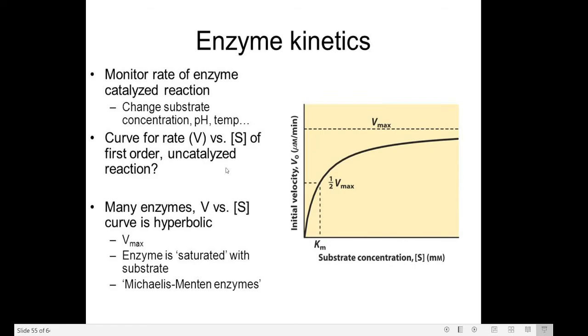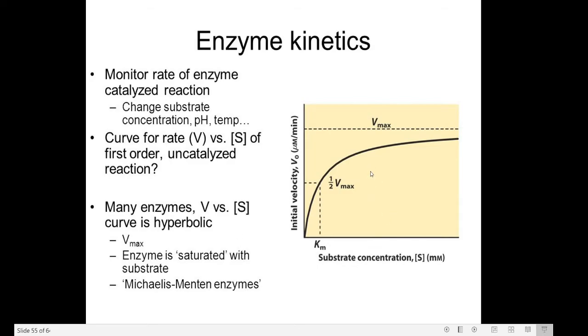In enzyme kinetics we have some important terms that monitor the rate of the enzyme catalytic reaction, which depends on the change in substrate concentration, pH, and temperature. In the reaction we have a curve, which we can draw based on the enzyme reaction.